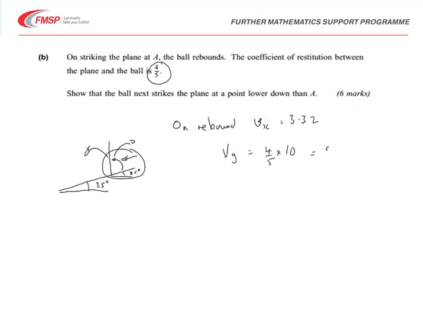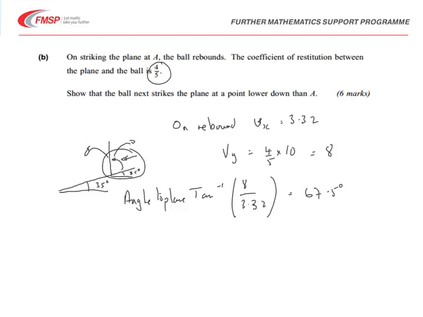So that gives us a value of 8. Therefore, the angle to the plane will be tan to the minus 1 of 8 divided by 3.32, and this is equal to 67.5 degrees.